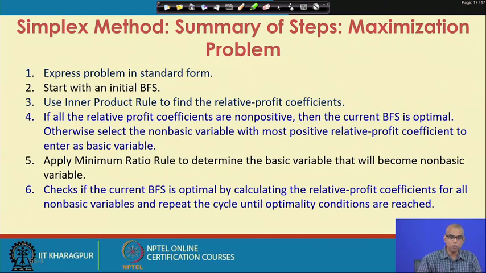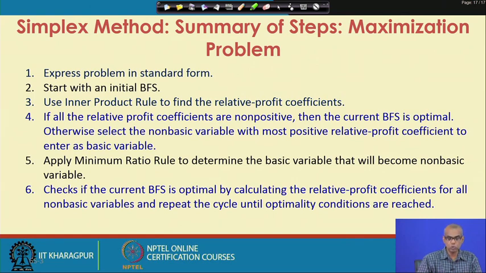Now, we use inner product rule to find the relative profit coefficients of all non-basic variables. For basic variables, these values are 0. If all the relative profit coefficients are non-positive, then the current basic feasible solution is optimal. Otherwise, select the non-basic variable with most positive relative profit coefficient to enter as basic variable.